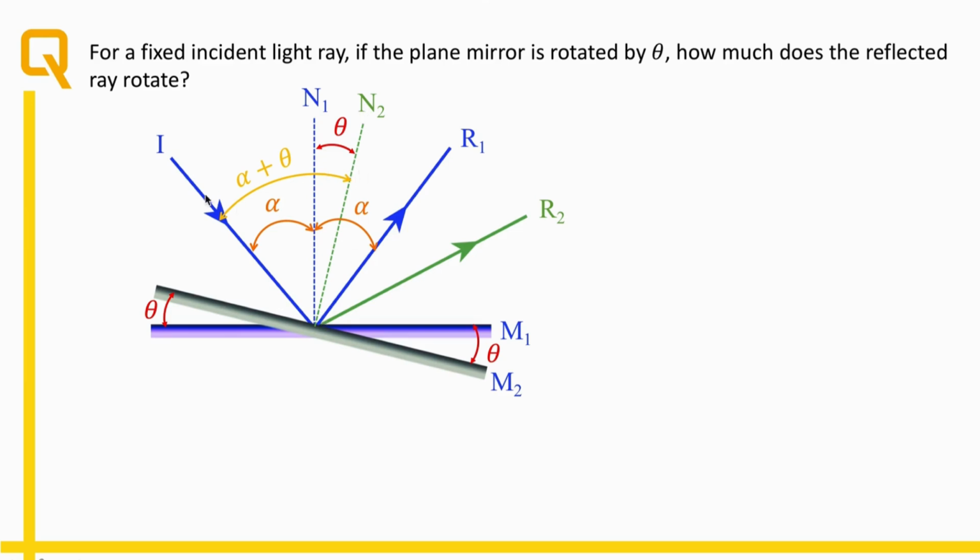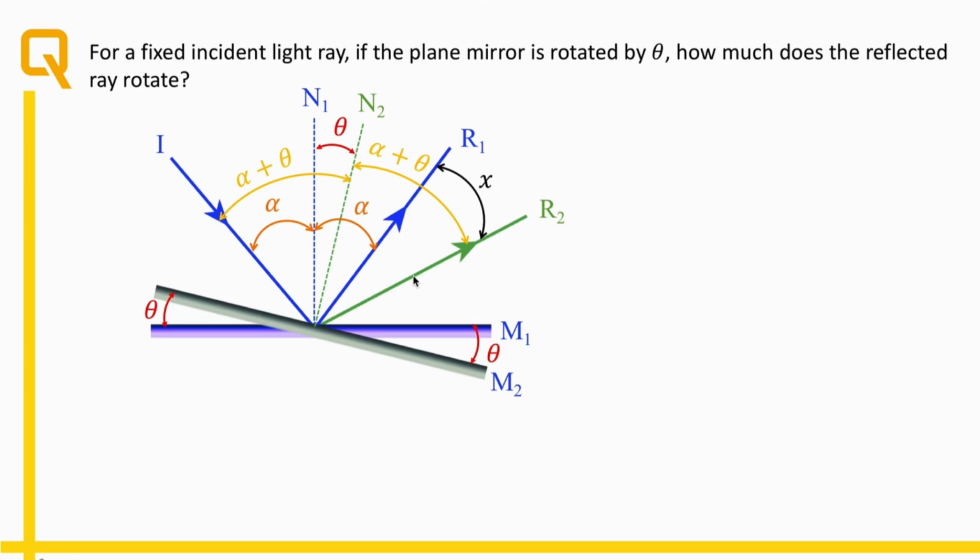This angle of incidence for the rotated mirror is the same as the angle of reflection between N2 and R2. That means this is also alpha plus theta. So the angle between R1 and R2, which is unknown, is called X.